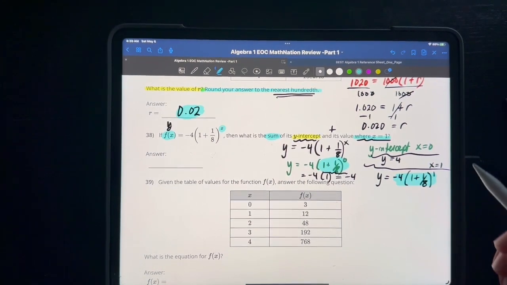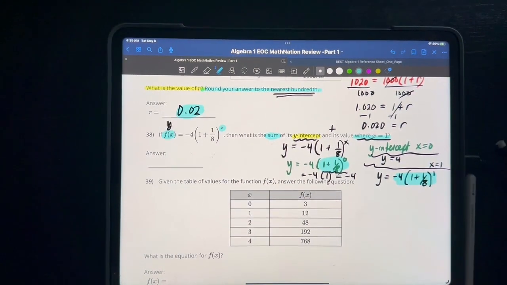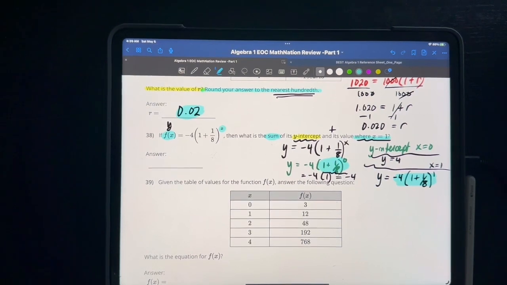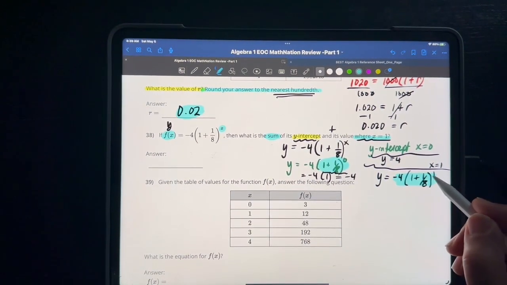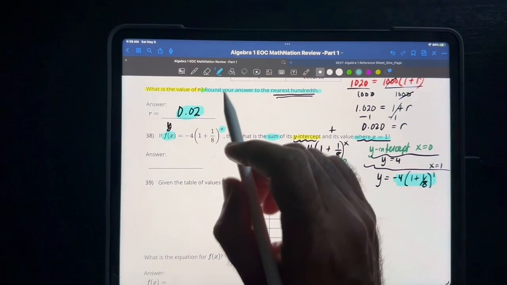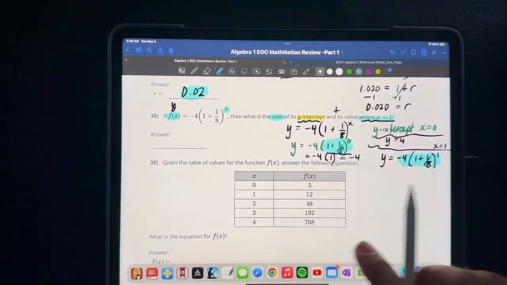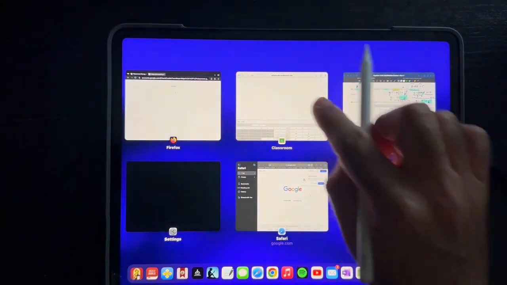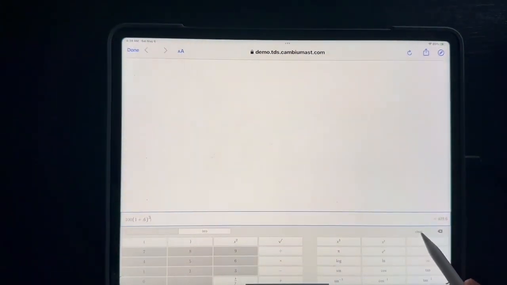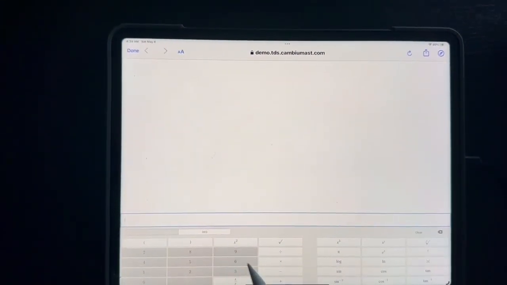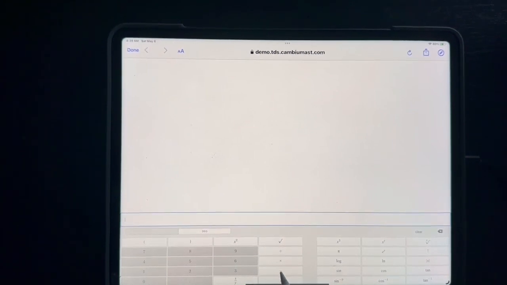So let me write this down on paper so I can remember what to type in here. And then anything to the first power, guys, is just the same thing. So here we go. Jump to the calculator. Let's clear it. Always clear out the calculator. So this is what I'm entering.